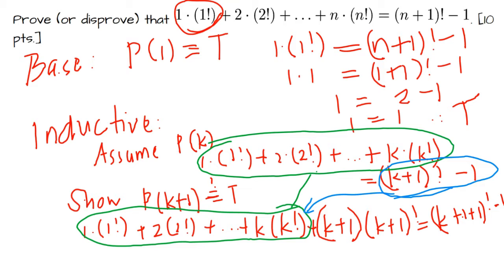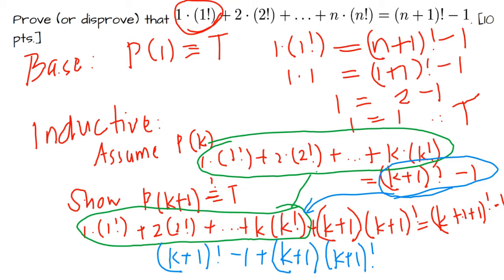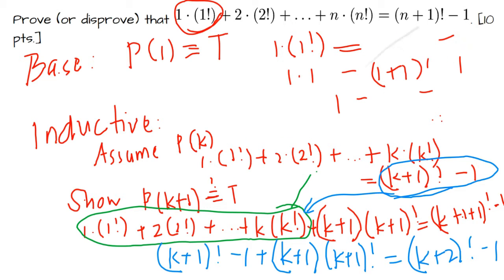So by assumption we have (k plus 1) factorial minus 1, plus (k plus 1) factorial, and this should be equivalent to (k plus 2) factorial minus 1, and they can be shown to be equivalent by simple algebra manipulation.